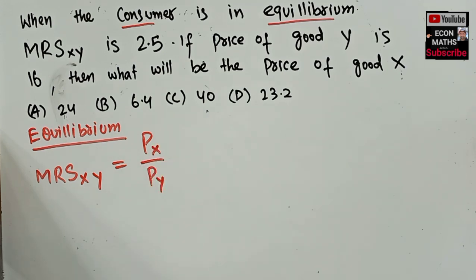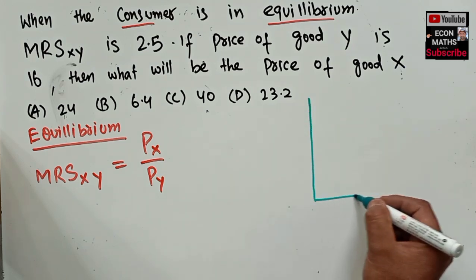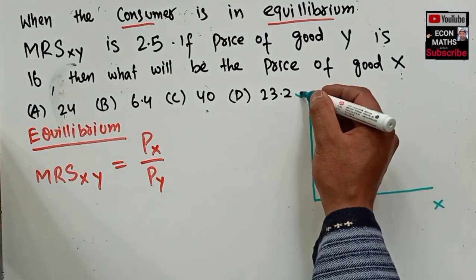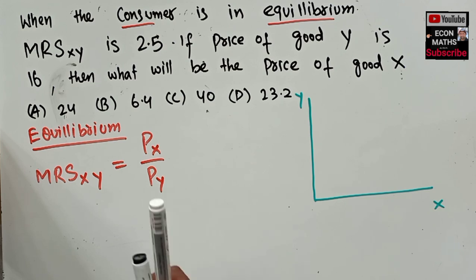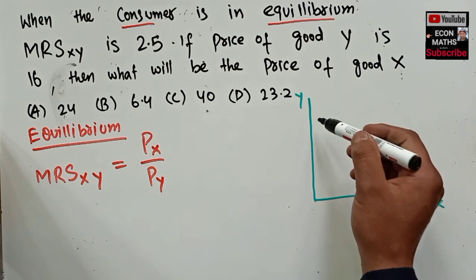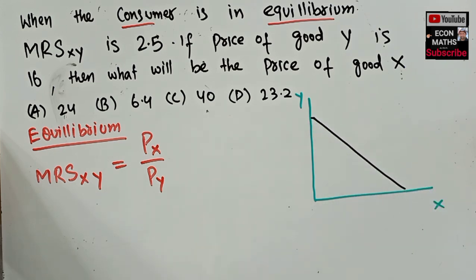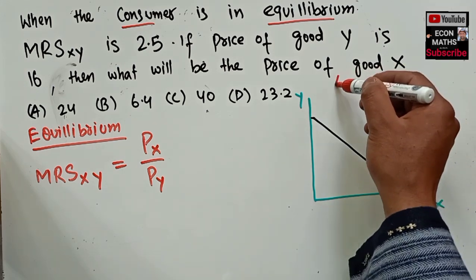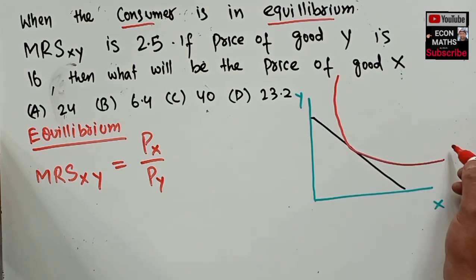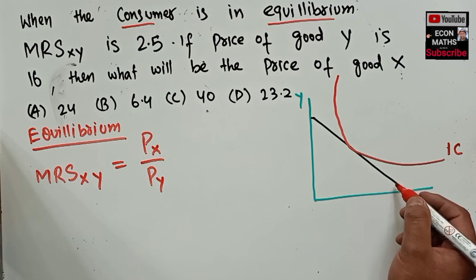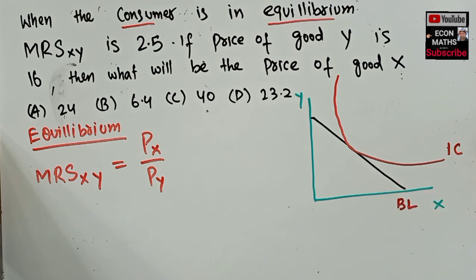Okay, graphically it simply means if we have good X and good Y, given the budget line, okay, and the indifference curve, this is our indifference curve, this black one is budget line.